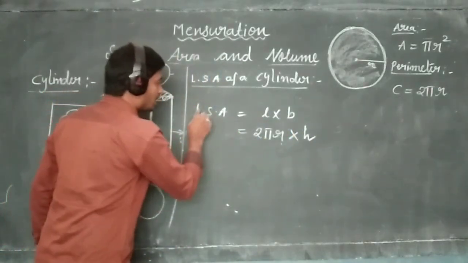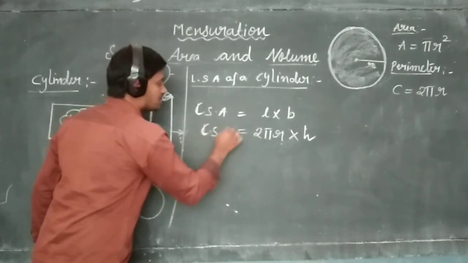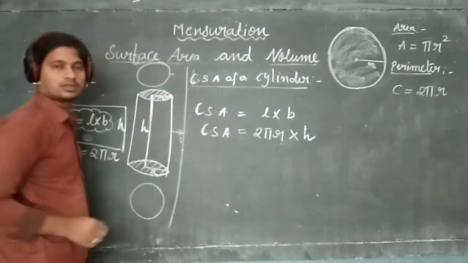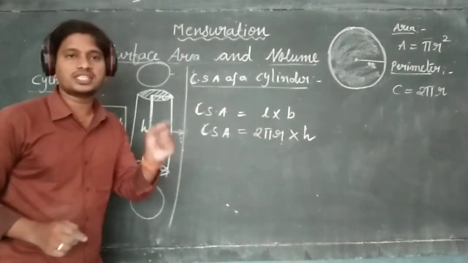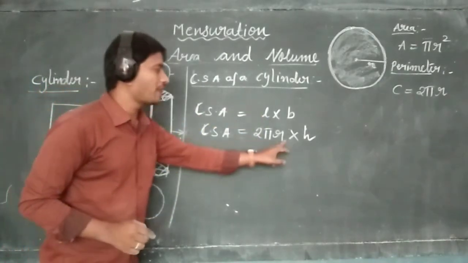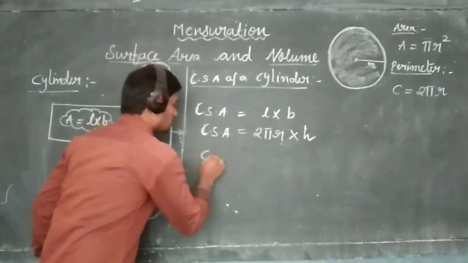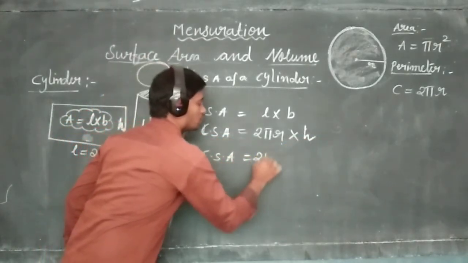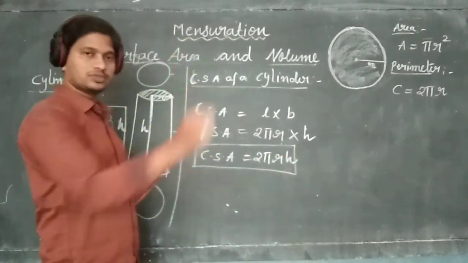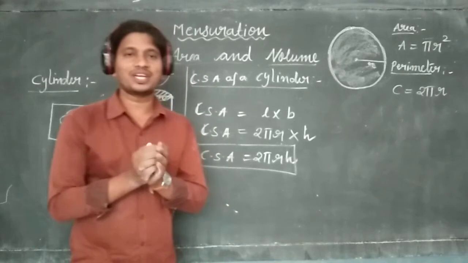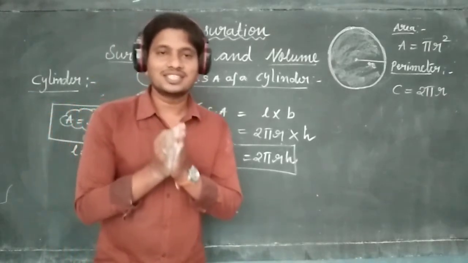Therefore, what is the CSA, the curved surface area, of the cylinder?